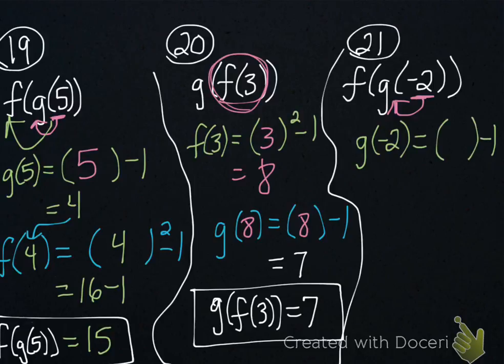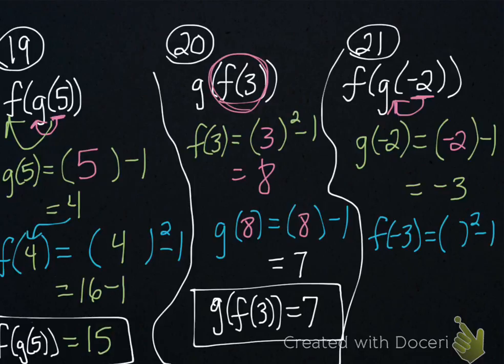Well, g is parentheses minus 1, right? So we plug in the negative 2. Negative 2 minus 1 is negative 3. Alright, so now I've got to plug that into f. F of negative 3. Well, f is something squared minus 1.